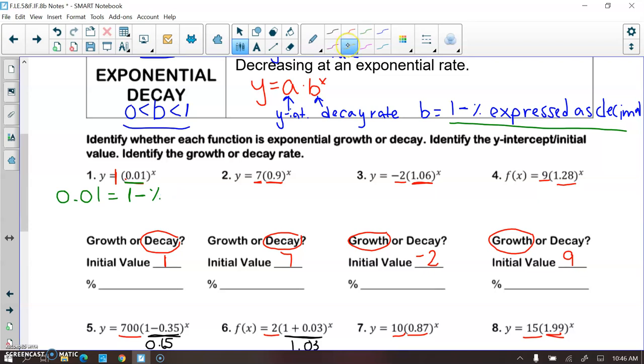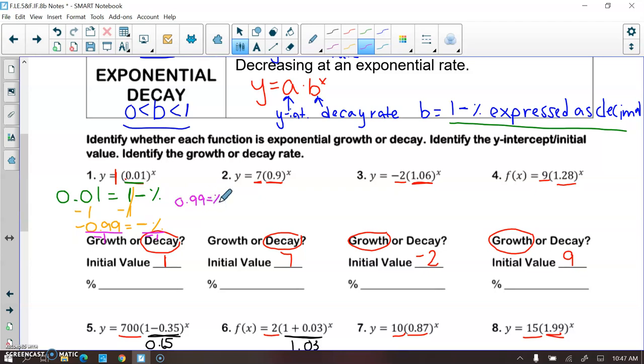So now I'm going to solve for my percent expressed as a decimal by first subtracting 1 from both sides. I wind up with a -0.99 is equal to my negative percent expressed as a decimal. I'm then going to divide by a -1 on both sides to get that my percent expressed as a decimal is 0.99.